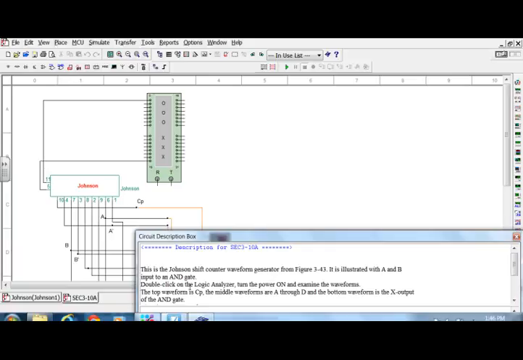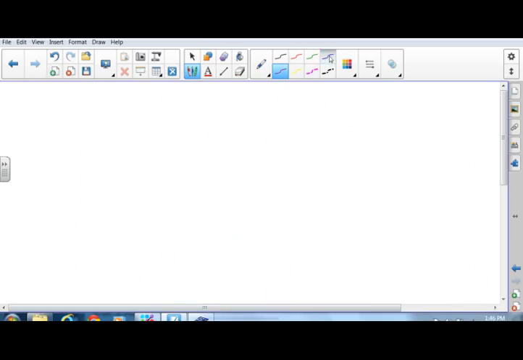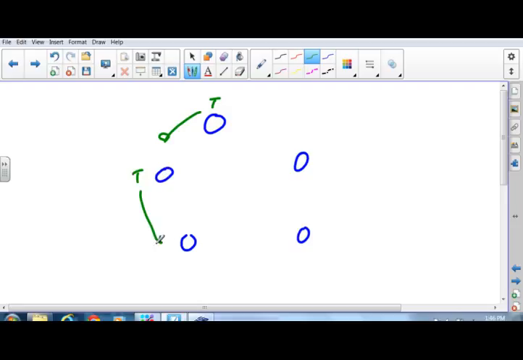So now I've got 1, 2, 3, 4, 5 computers, and this guy's got the token. It's his turn to talk. He transmits, and they transmit counterclockwise. Then he's got the token, now he transmits. Now he got the token, he transmits. So if number 1 wants to say something to number 5, it has to go through everybody else before number 5 can get it.